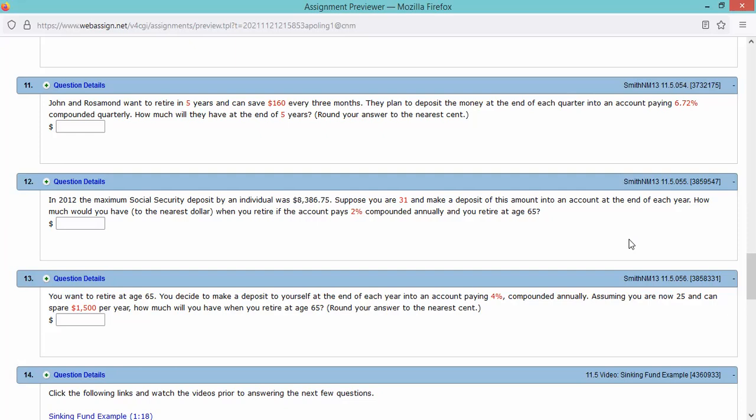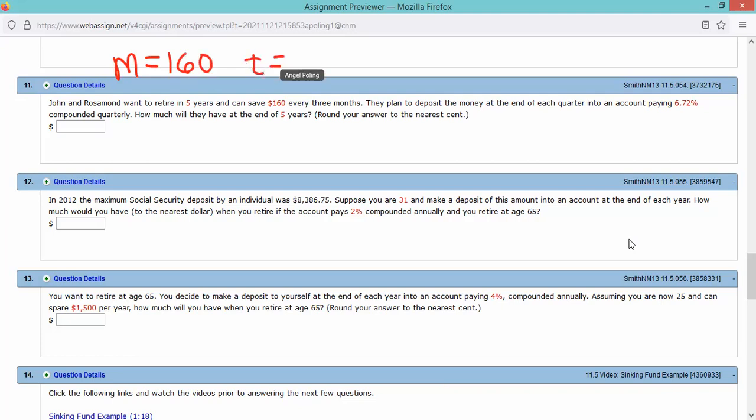John and Rosamond want to retire in 5 years and can save 160 every 3 months. They plan to deposit the money at the end of each quarter into an account paying 6.72% compounded quarterly. How much will they have at the end of 5 years? M is the regular payment.